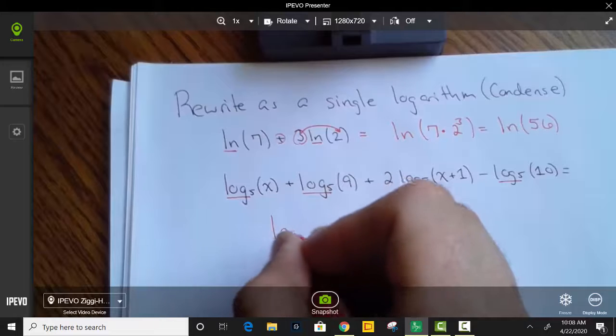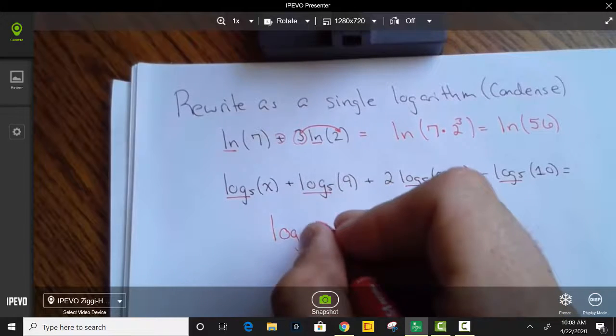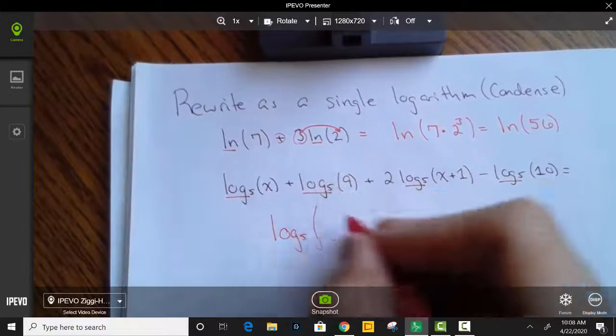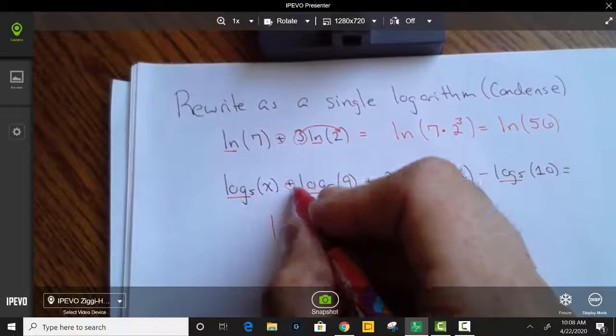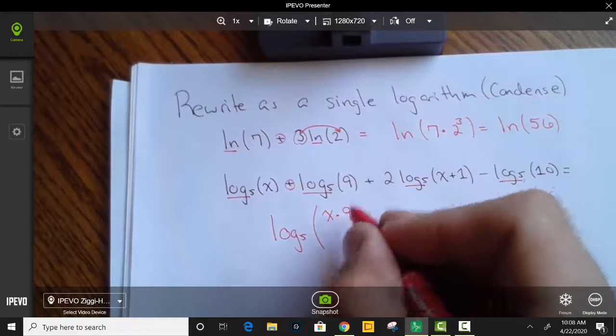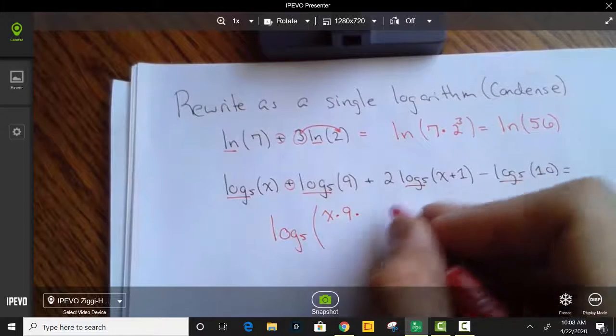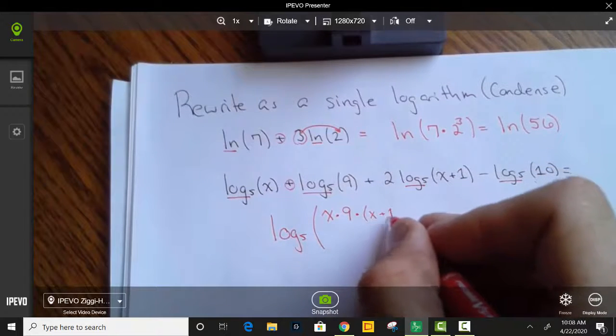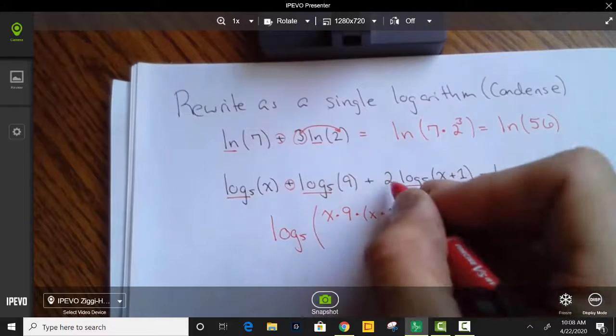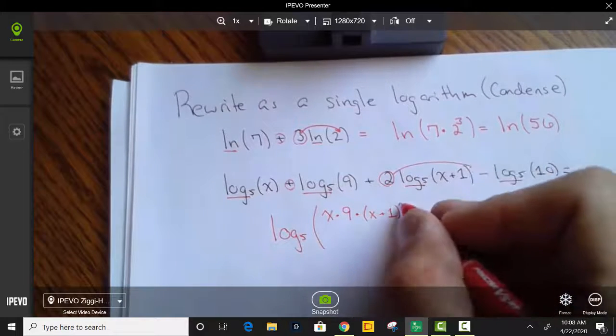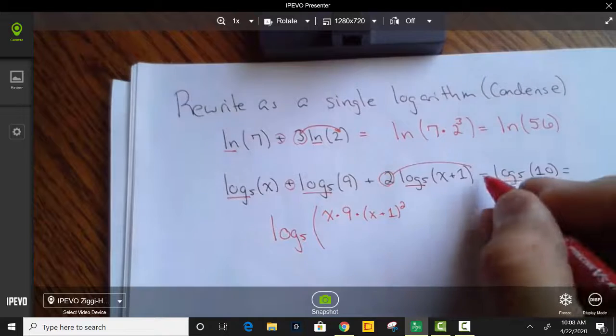But for this problem, it would be log base 5 of x. The plus means we're going to be timesing by 9. The next plus means we're going to be timesing by x plus 1. But since the x plus 1 had a 2 in the beginning of it, that's going to go back to being a squared.